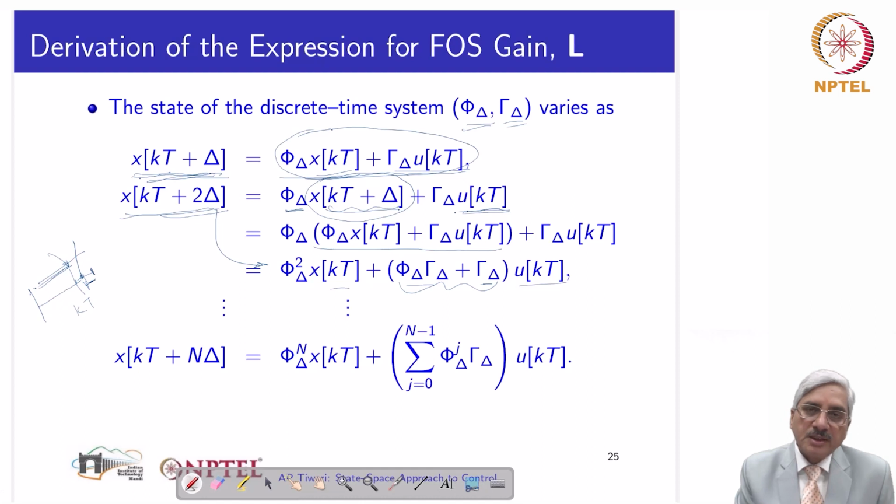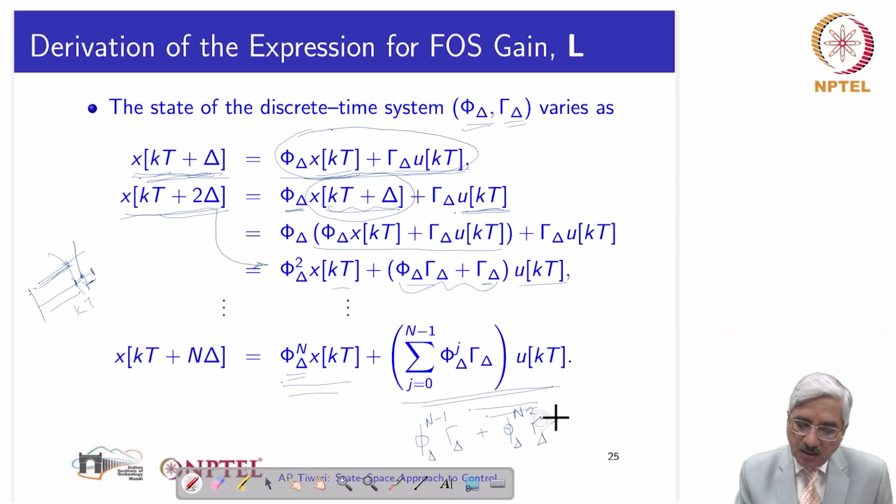Similarly, we can obtain x kt plus 3 delta and so on, and at the end x kt plus n delta, which will be given by this: phi delta power n times x kt, the value of x at the end of the interval kt, plus phi delta power n minus 1 gamma delta plus phi delta power n minus 2 gamma delta and so on, plus phi delta gamma delta plus gamma delta, this whole thing multiplying u kt.